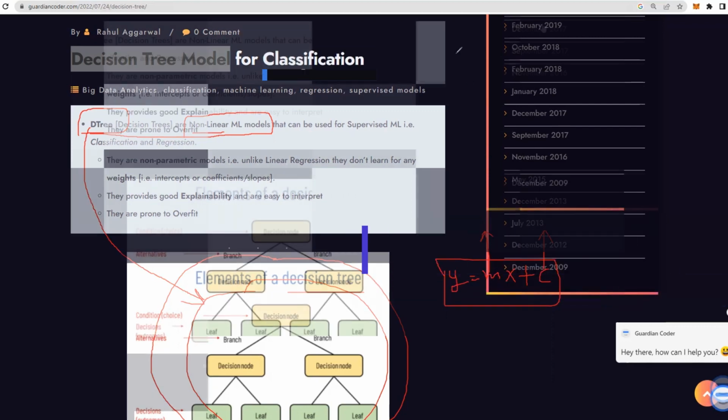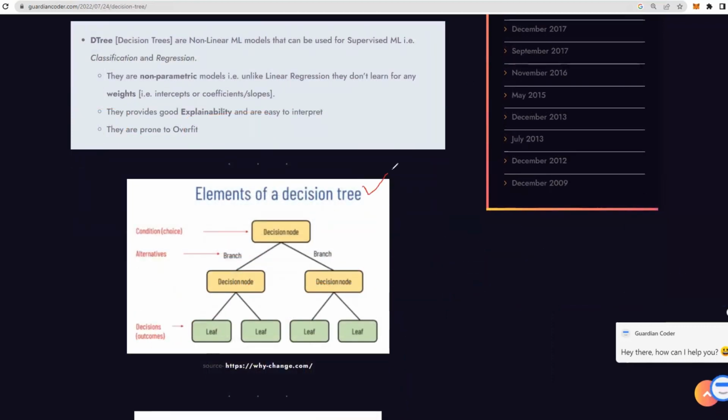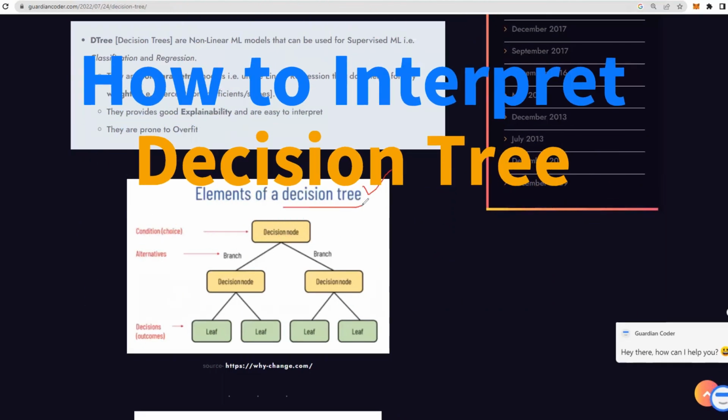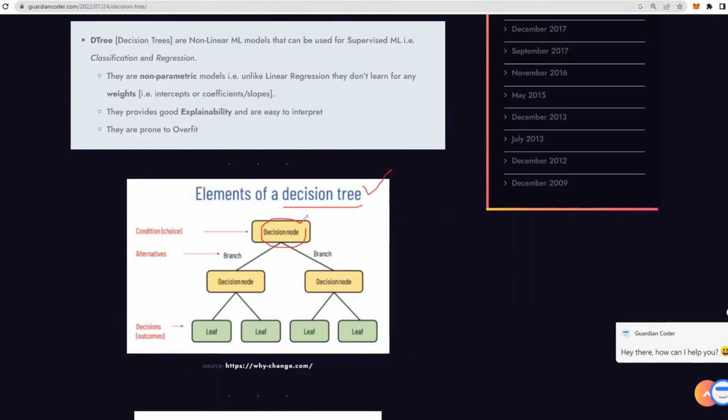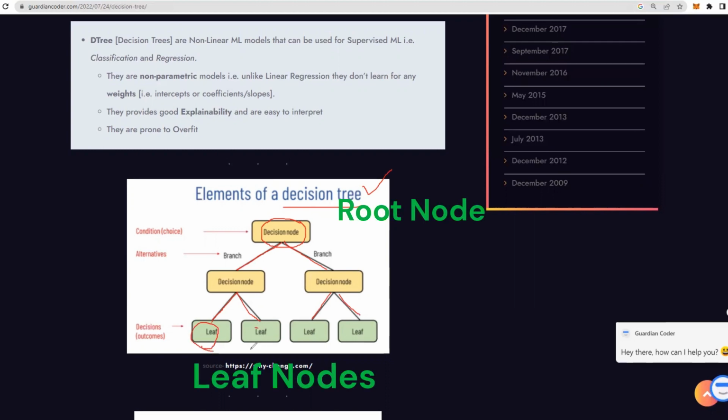Let's see that. Before we proceed, in general, we should know what a decision tree is and how to understand it. Every decision tree always starts from a root node, right? This is the root node. Then these are the branches, and further on there are branches till you reach the leaf nodes. These are the leaf nodes, and these are the intermediate nodes.